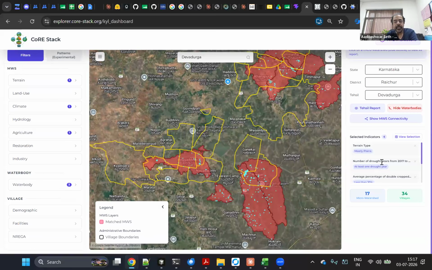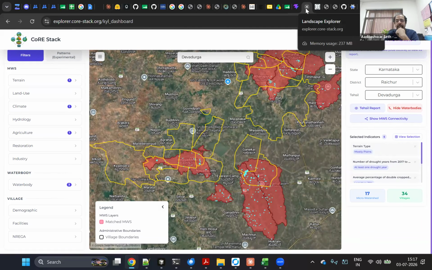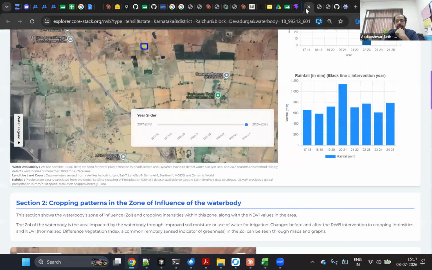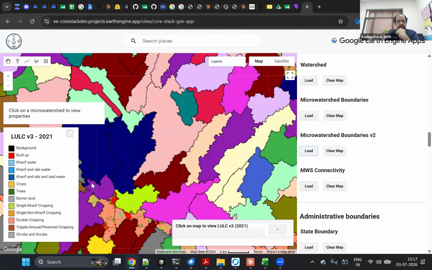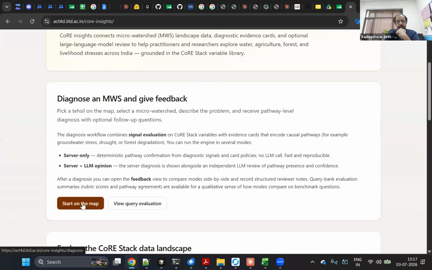Or which areas face a lot of drought risk? So what kind of combination of parameters can tell us what kind of risk an area is facing? That is basically what we are trying to do. So, I'll close this piece. That's what we are trying to do with core insights.